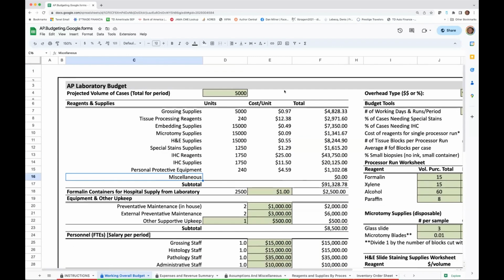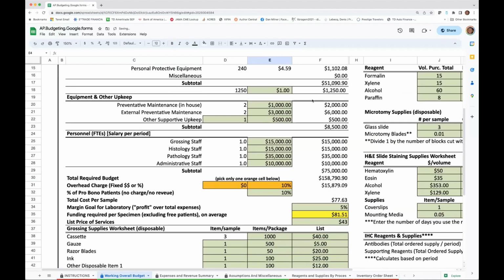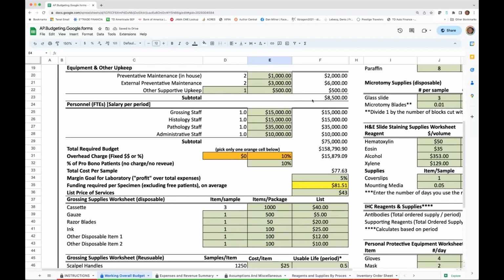But let's say our volume is actually 2,500. Okay, hold on, sorry. Let's say our volume is actually 2,500. Right, not 5,500. Look how much our price went up. We now have double the price, right?